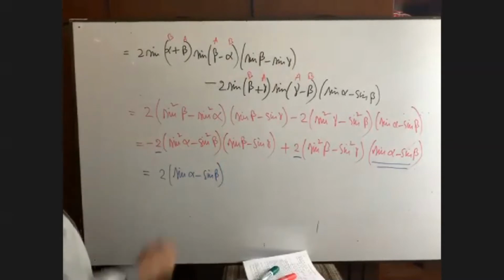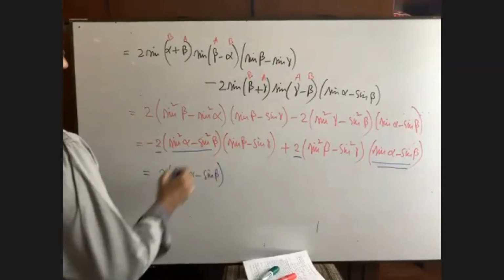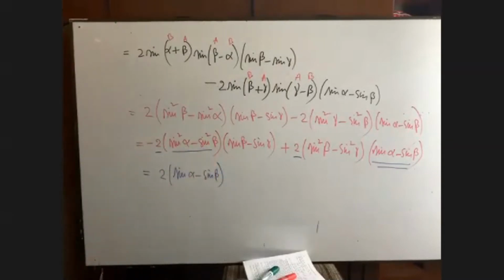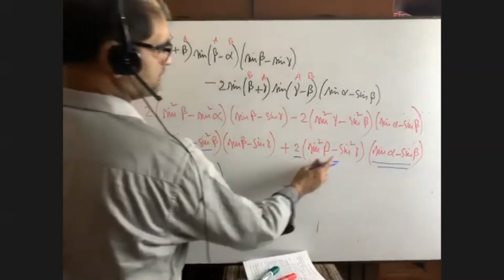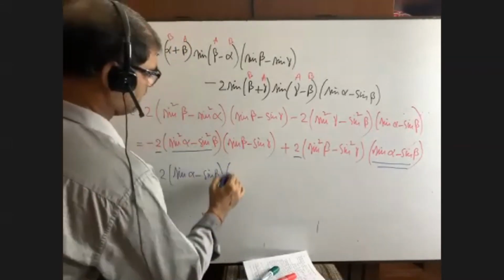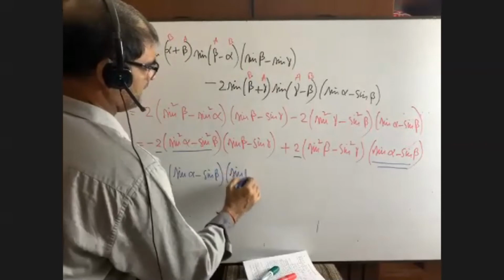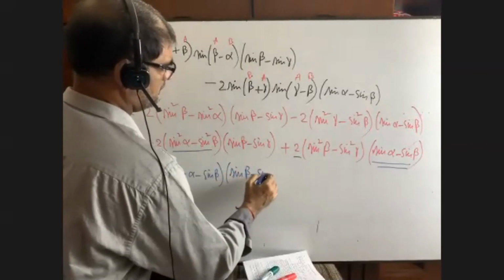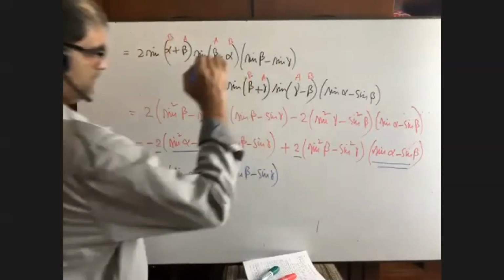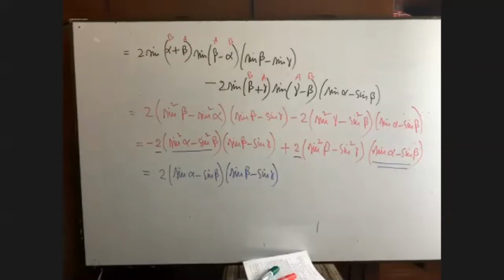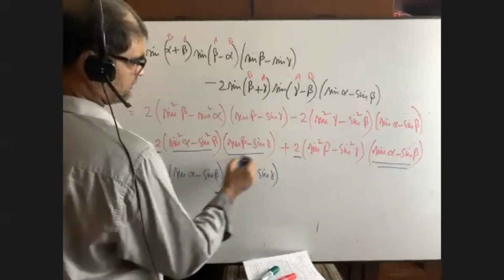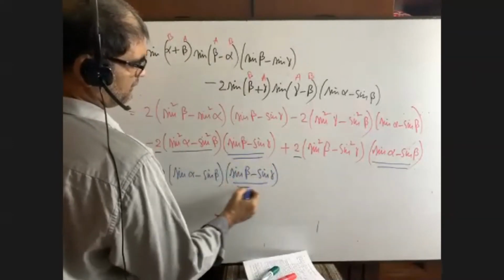Because we can also take common here. Now it is sin beta, sin gamma. Our math is done. Have you seen? Here it is sin beta minus sin gamma.